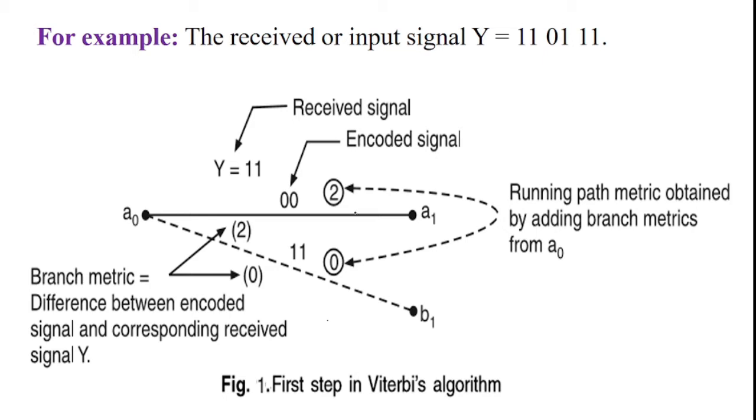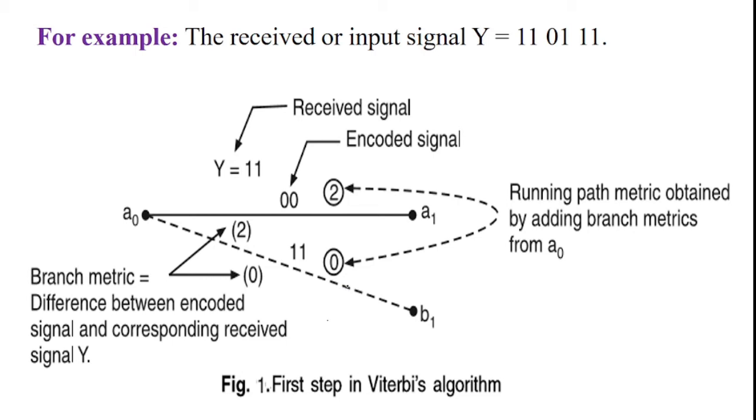This is determined by summing the branch metrics from A0. For A0 to A1, the branch metric is 2, and for A0 to B1, the branch metric is 0, so the running path metric is 0 here.